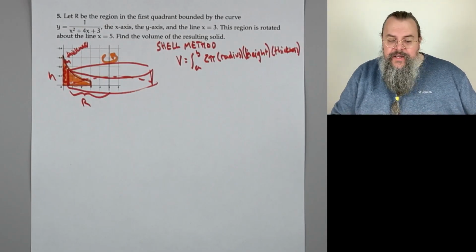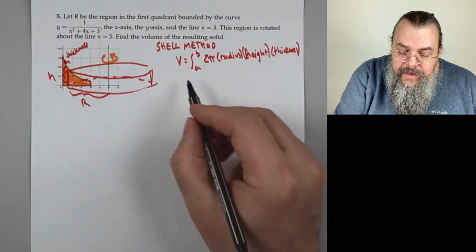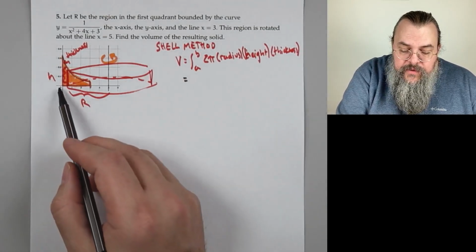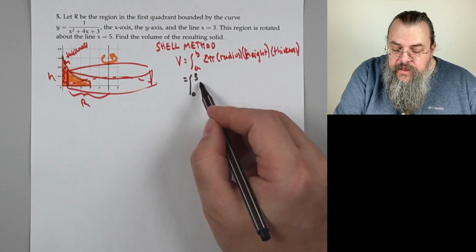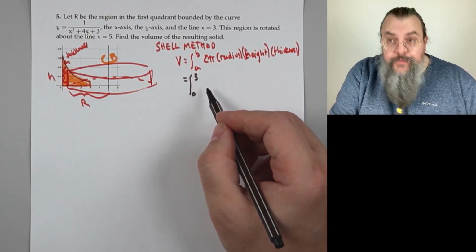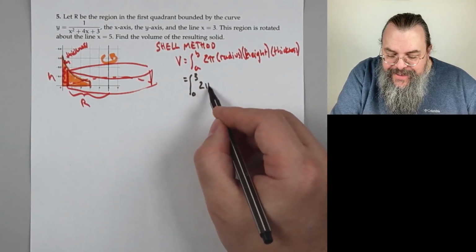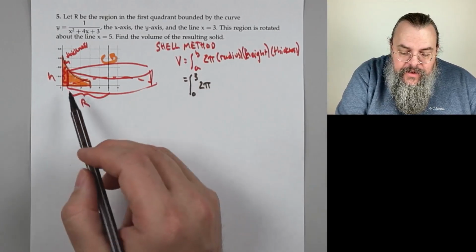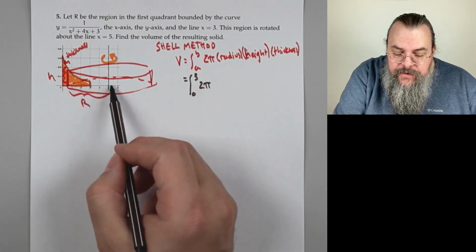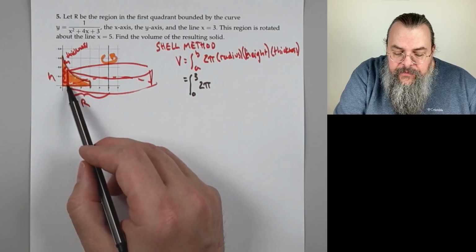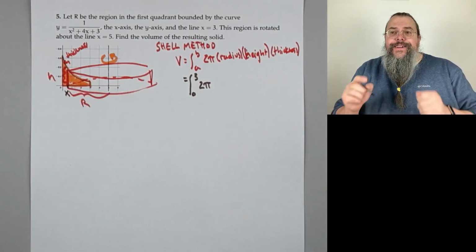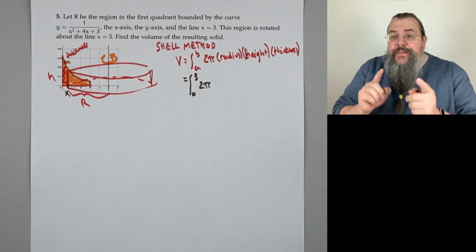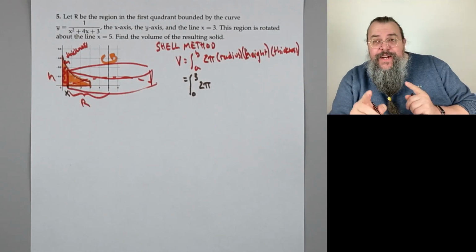So in our case, we're going from 0 to 3. The 2 pi, nothing happens, good. The radius, well, we're spinning around 5. So how far is it from an arbitrary x to 5? You say, well, you subtract, right? Is it x minus 5 or is it 5 minus x?